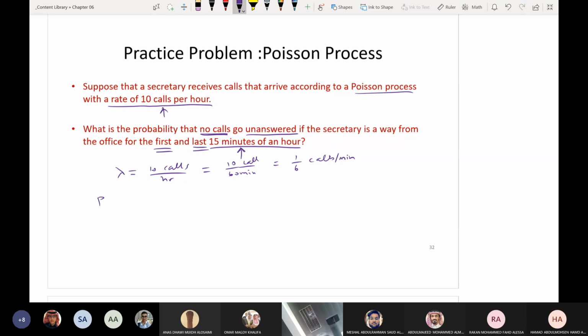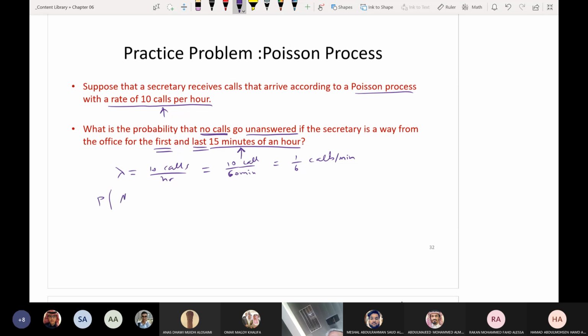The first one is from 0 to 15, and this one is from 60 minus 45, the last 15 minutes. Exactly.